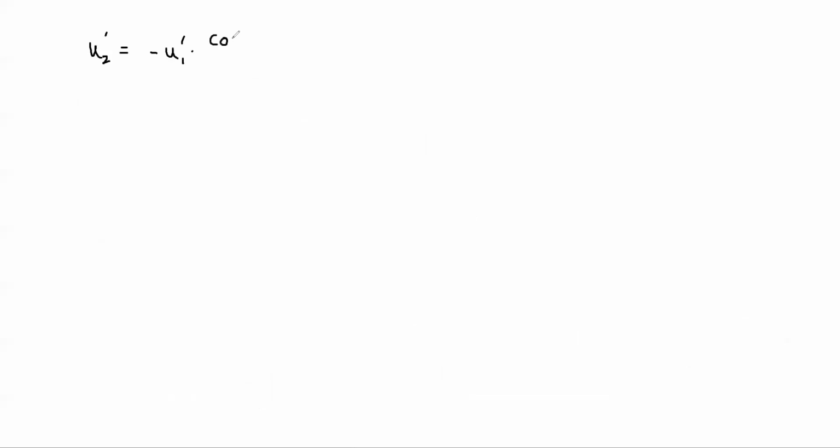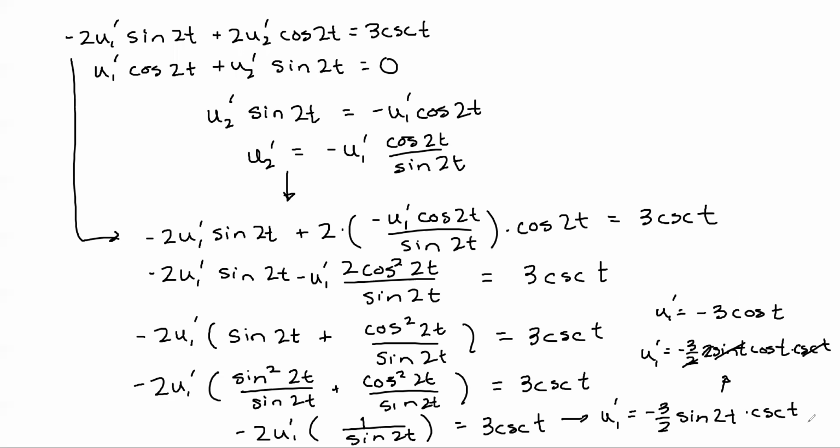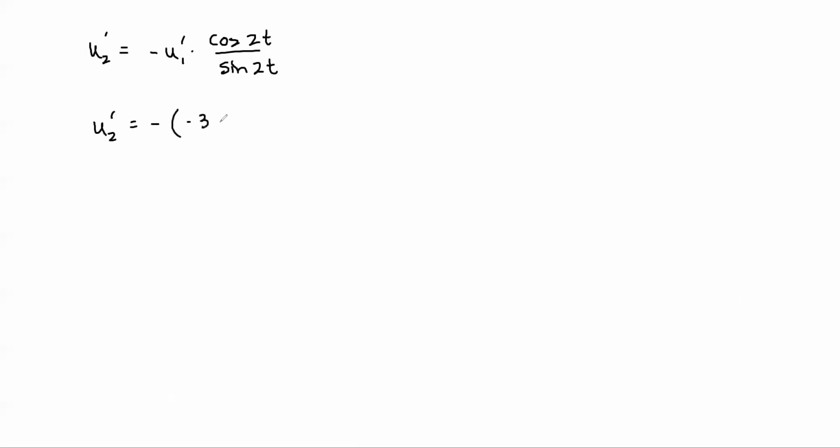We have cosine 2t over sine 2t. All right, and so now we're going to solve for that. We're going to plug in our u1 prime. So our u1 prime is negative 3 cosine t times cosine 2t over sine 2t.